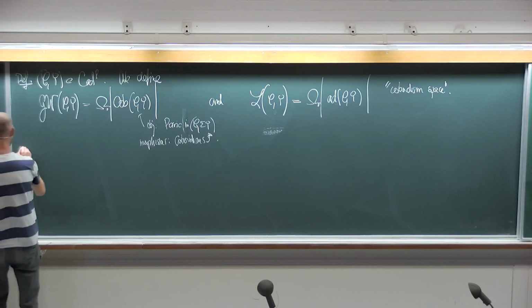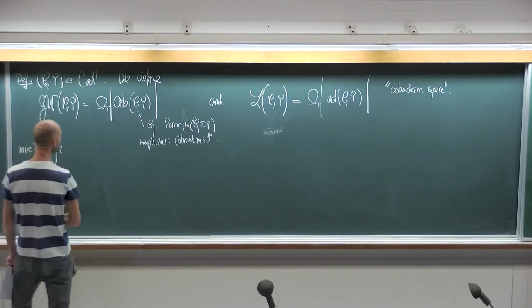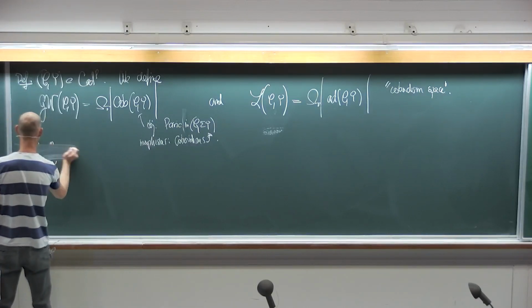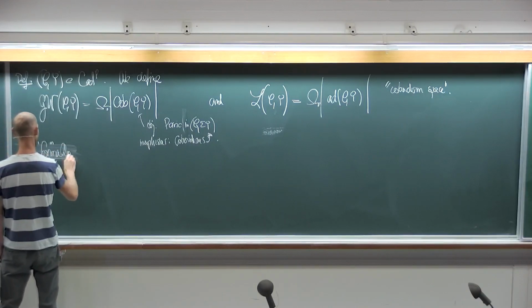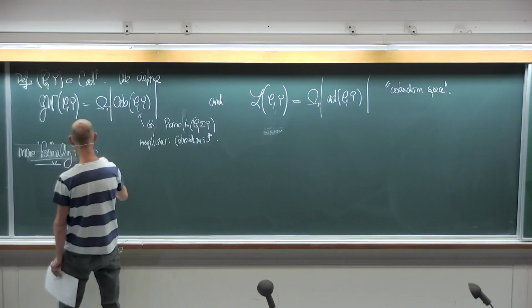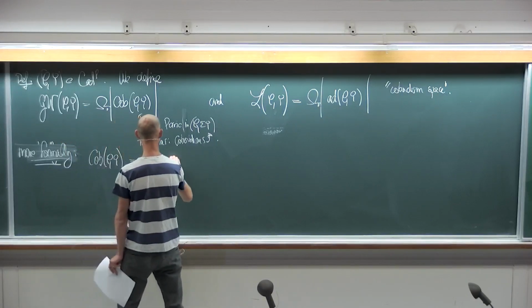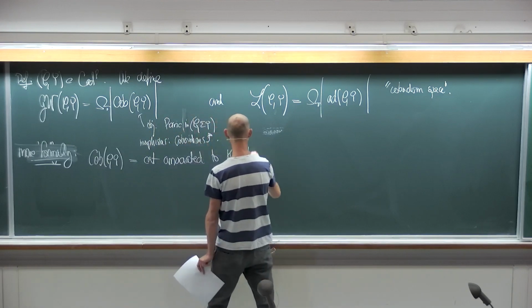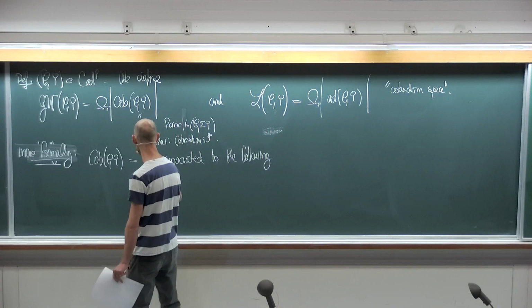Okay. So more formally, the cobordism category of C copper is the category associated to the following complete simplicial Segal space.